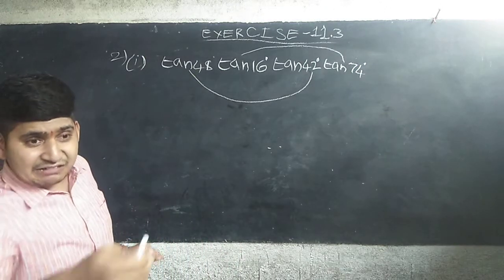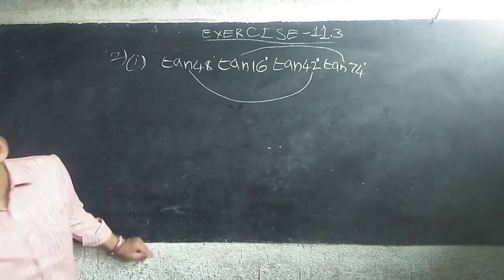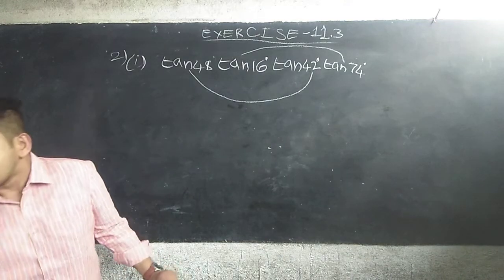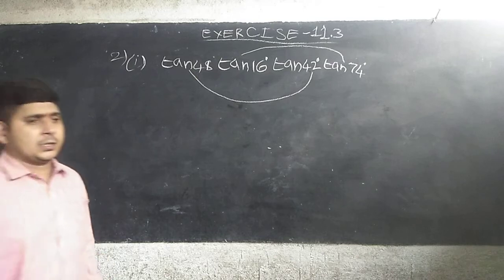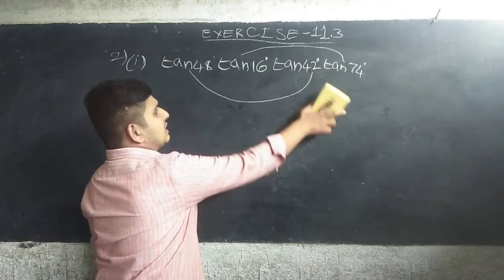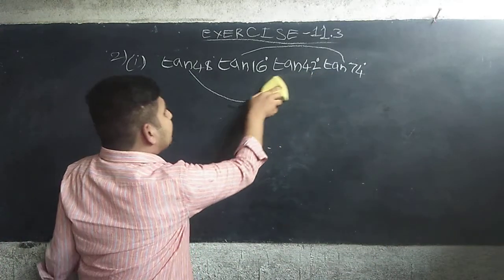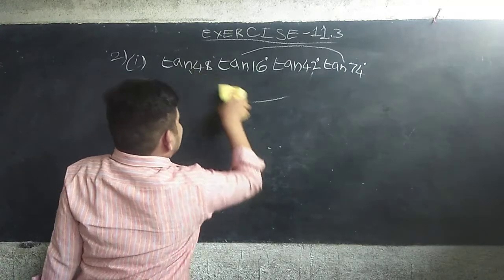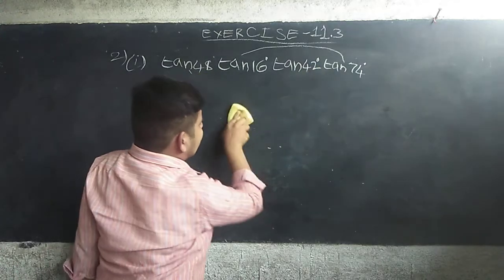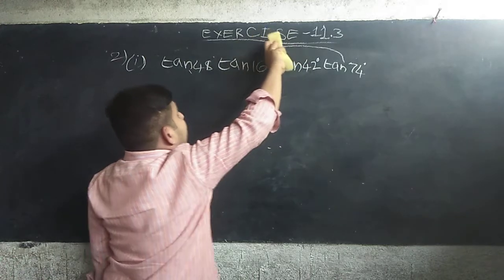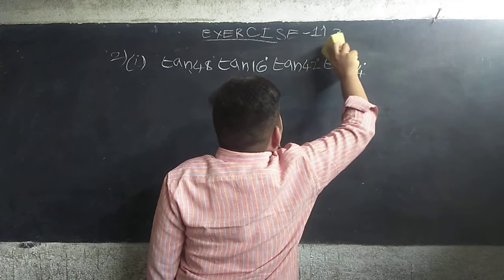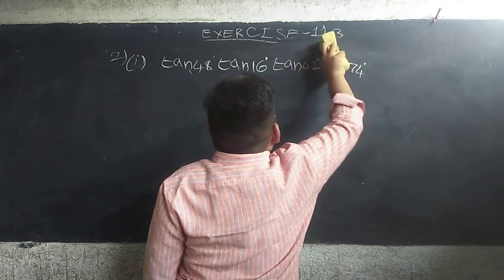In that way we have to take: we have to find whether theta plus theta equals 90 degrees or not. If it does, then we have to change any one angle of the pair. Suppose four angles are given, then we have to change any two angles, and vice versa.